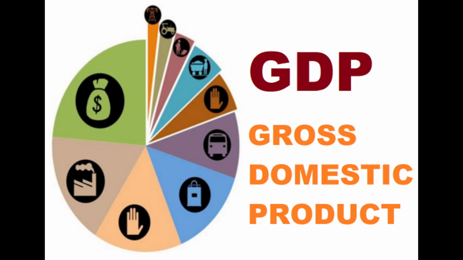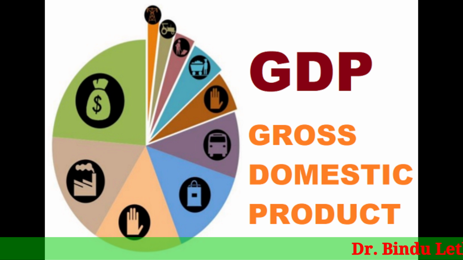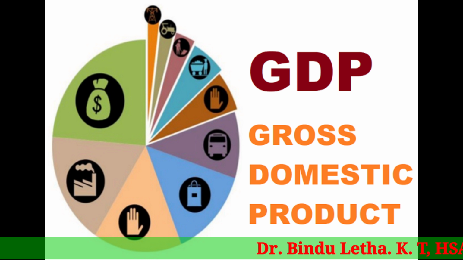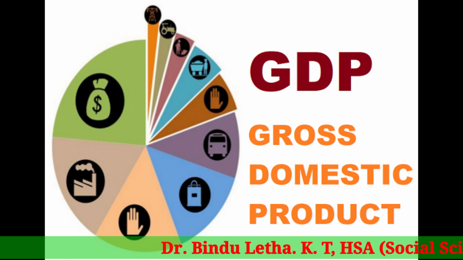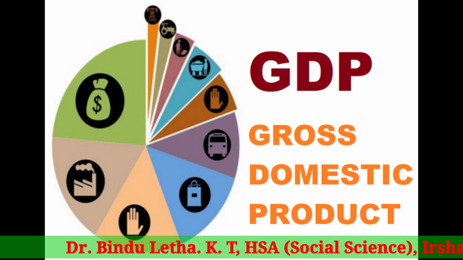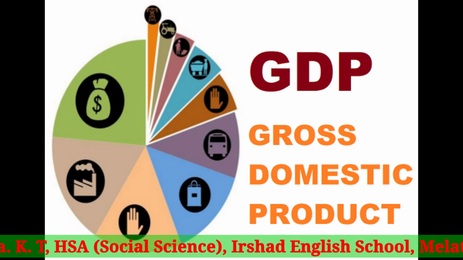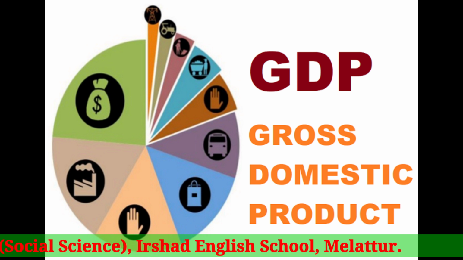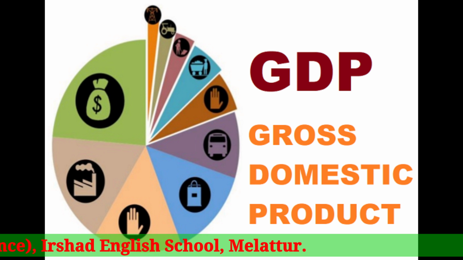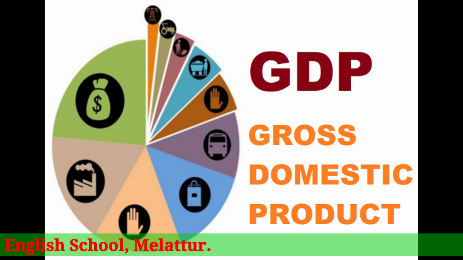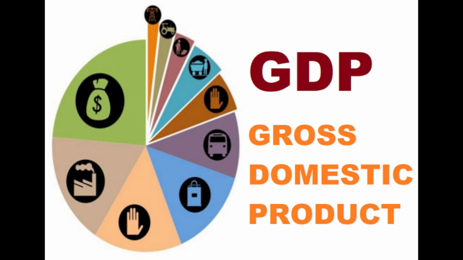So, what is the GDP? I think you know it. It is the sum of the production of these three sectors. It is known as the gross domestic product or GDP. It is the value of all final goods and services produced within a country during a particular year. The GDP also shows how big the economy is.